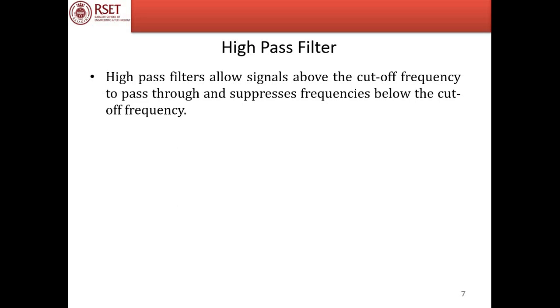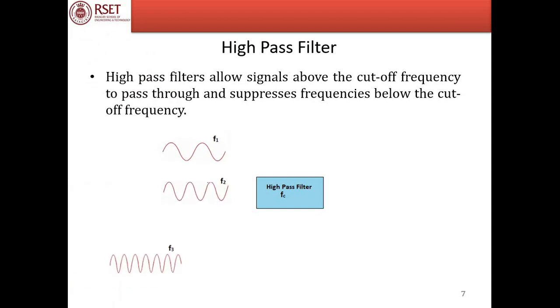So let us consider the previous example. Consider a high pass filter with cutoff frequency Fc and consider three signals with frequencies F1, F2 and F3. Let the relationship between these frequencies be F1 less than F2 less than the cutoff frequency Fc and F3 greater than Fc.